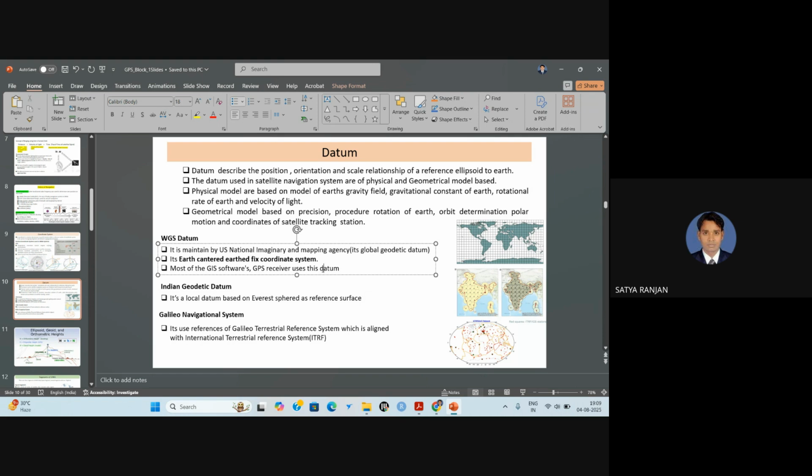Then the Indian geodetic datum is there. This is a local datum based on the average sphere. Sometimes in Survey of India data, we also use this geodetic datum. Then the Galileo navigational system is also a terrestrial reference system. It is aligned with the International Terrestrial Reference Frame.